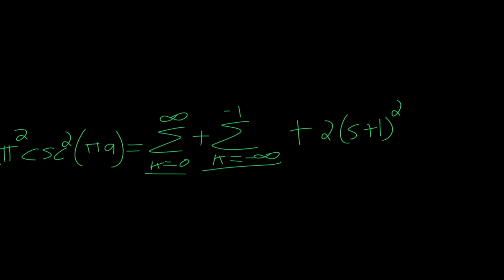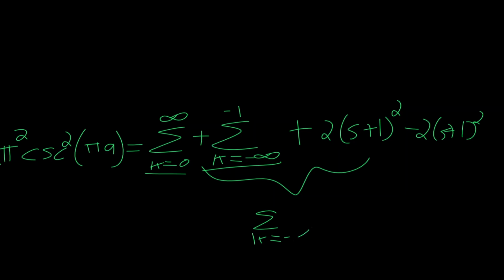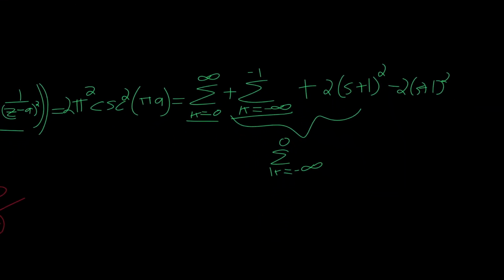But then we have minus that, so 2 times s plus 1 squared. And combining these terms, we have the sum from k equals negative infinity all the way up to 0. But by symmetry, we know that this is just equal to the sum from k equals 0 all the way up to infinity.